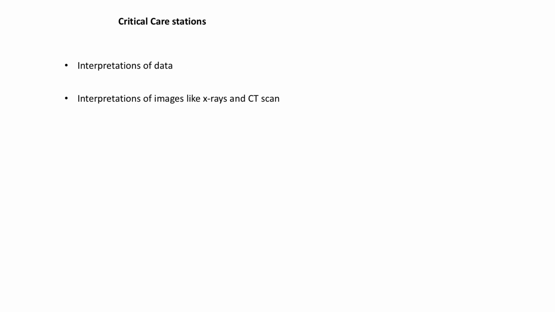And in critical care stations also, they are like pathology station. These are knowledge stations. They assess interpretation of data and interpretation of images, and then make your differential and discuss management.